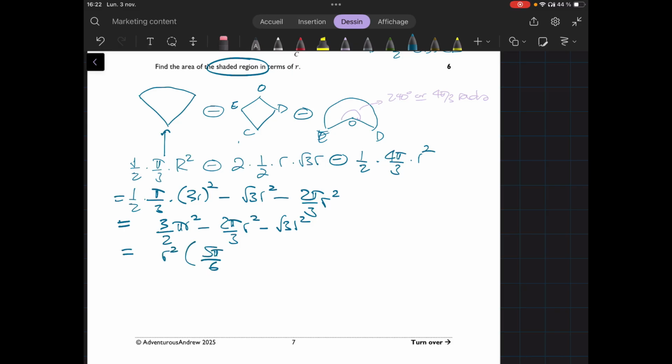We are down to 5 pi by 6 minus root 3. This question is slightly harder than what you would expect on a typical survival paper. That also means, however, that the boundaries for this paper will be a bit lower.